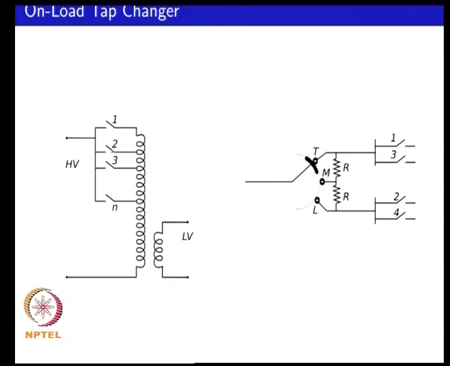Say for example, if you directly close switch 1 and 2, you would end up with a short circuit in that particular loop, whereas say for example, if you want to go from switch 1, what you might do is when your pole is at the top point, you might say close switch 2, and then essentially these resistors would limit your current that is flowing in this particular loop through that transformer.